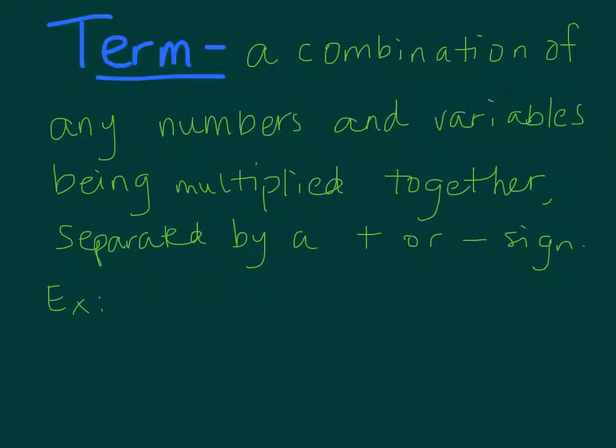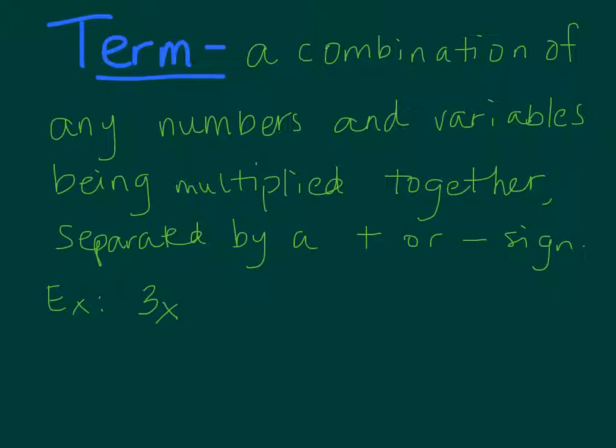So a term is a combination of any numbers and variables being multiplied together, and they're always separated by a plus or a minus sign. Now, it doesn't have to have numbers and variables, but it can. An example of a term might be 3x.